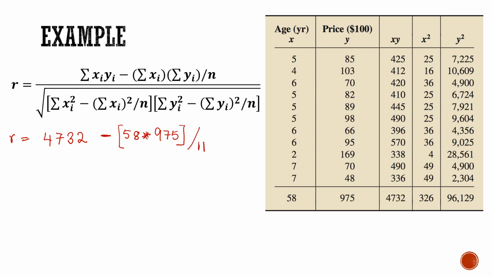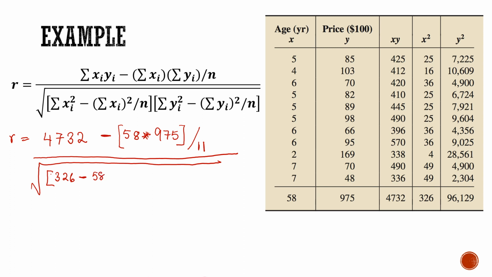Now let's write the expression in the denominator. Sigma x squared is all the x squared values summed up, 326. So I'm going to put here 326 minus sigma x whole squared, which is 58 squared, divided by 11.